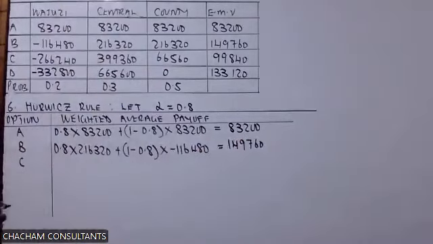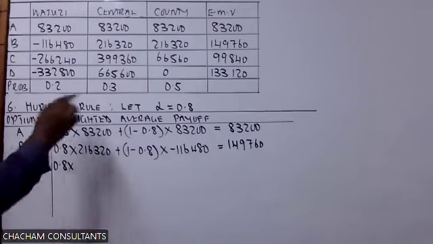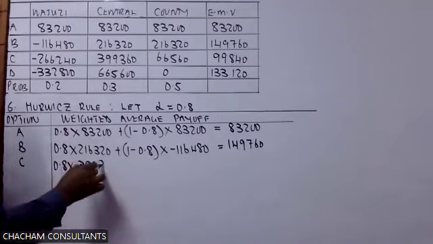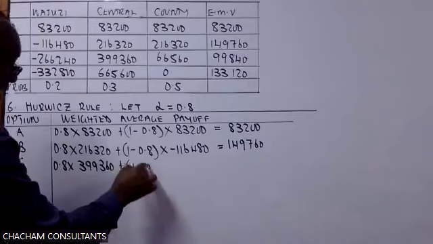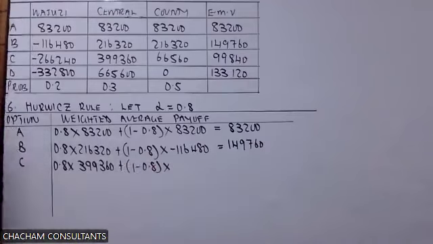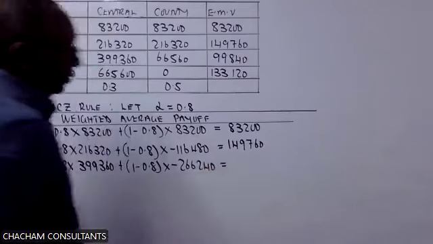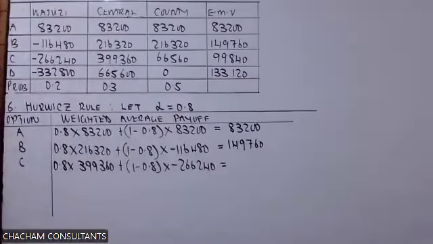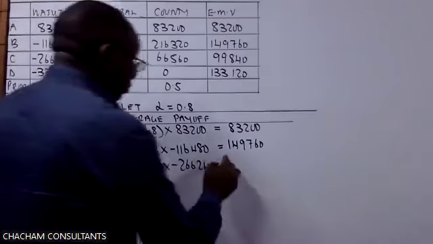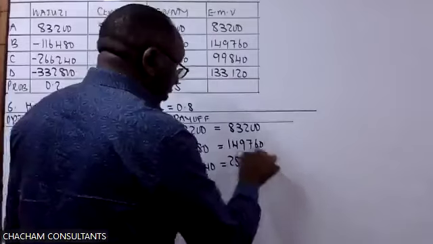Then we go to C: 0.8 times the best. The best there is 399,360, plus 1 minus 0.8 multiplied by the worst, negative 266,240. The answer is 252,928.